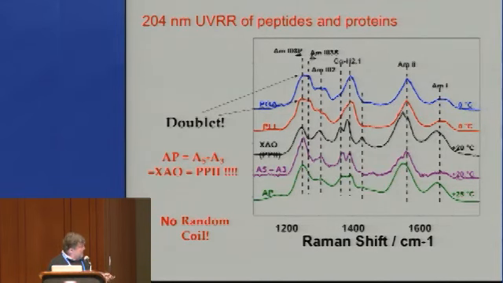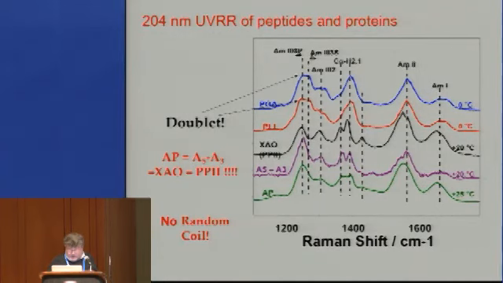Single conformation, average conformation, not random coil, but polyproline 2. This is quite different from the spectrum of poly-L-lysine and polyglutamic acid.